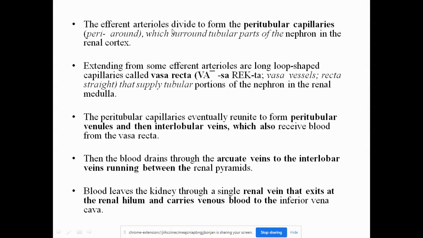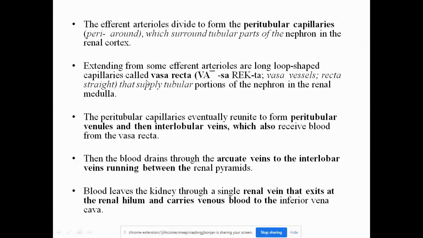The efferent arteriole, which emerges out of the glomerular capsule, divides to form peritubular capillaries. Peri means around, and they surround the tubular portion of the nephrons in the renal cortex. Extending from some efferent arterioles are long loop-shaped capillaries called the vasa recta.